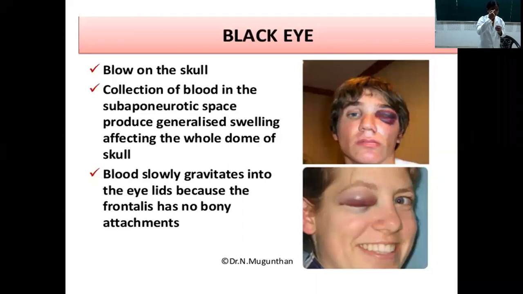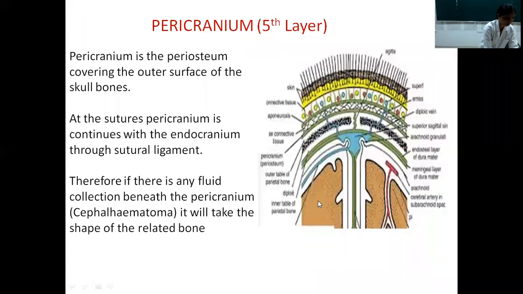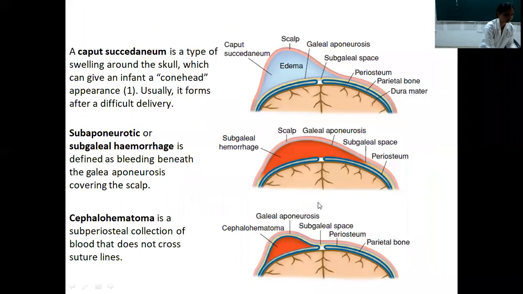Frontalis has a skin origin, meaning the dermis of the eyebrow gives origin. So blood slowly gravitates into the eyelids, and we can see the accumulation of this hematoma around the eyelid. So what is this phenomenon? It is known as black eye phenomenon.